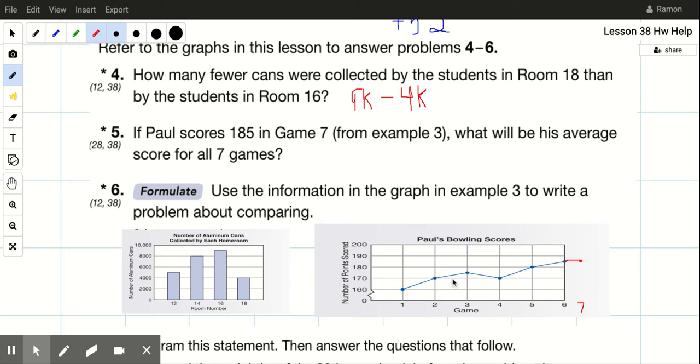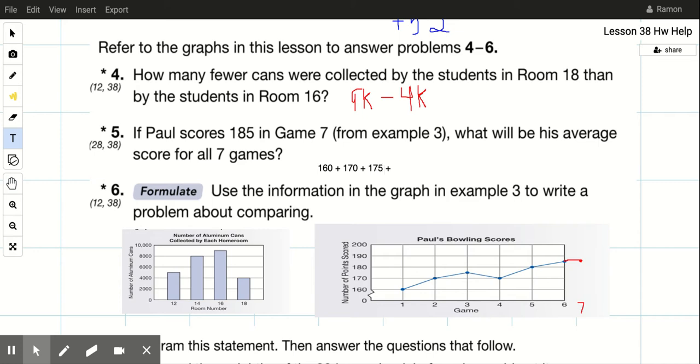For his average score, what we want to look at is how much he bowled in each game. We have 160 from the first game, and then 170 from the second game. In the third game, he scored 175.